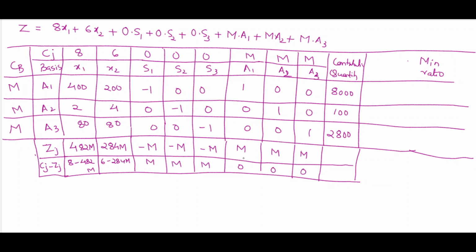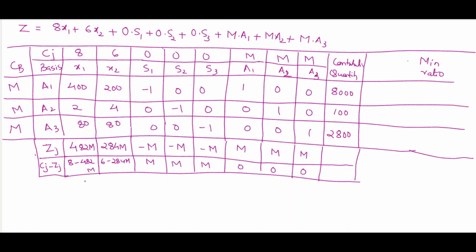Now the rule is that in the case of a maximization problem, you used to select the key column with the maximum positive value, but in the case of a minimization problem you have to choose the key column with the largest negative value. Out of these, you can see that 8 minus 482M has the largest negative value. Here it is minus 284M.